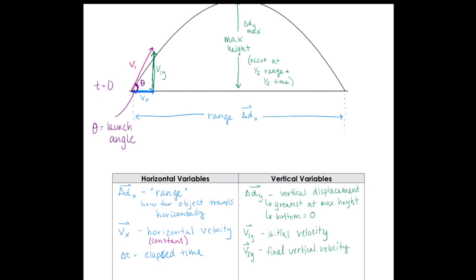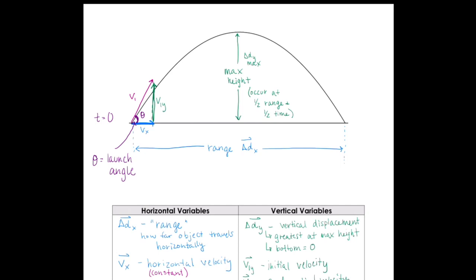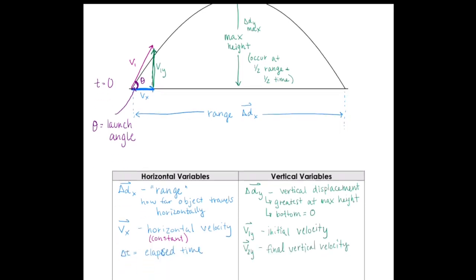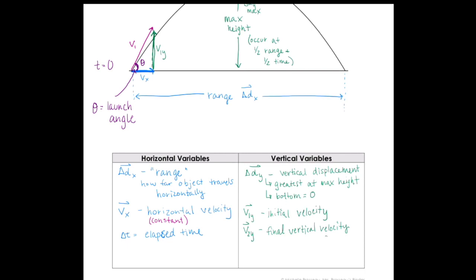Okay, and something to note is that if it's on flat ground where we have a symmetrical parabola, it's just going to equal the negative or the inverse of our initial velocity. Okay, so that's an important thing to help create shortcuts for you. Okay, so our final velocity is going to be here. So v2.